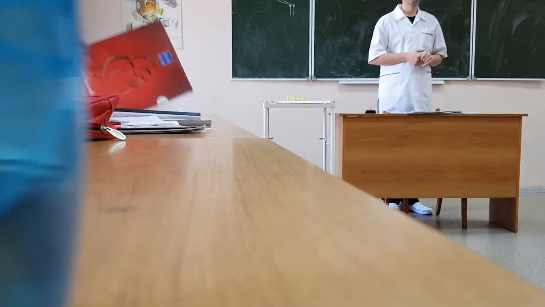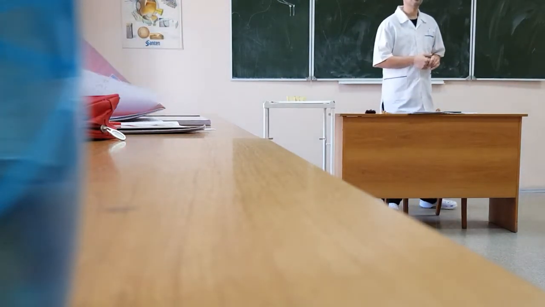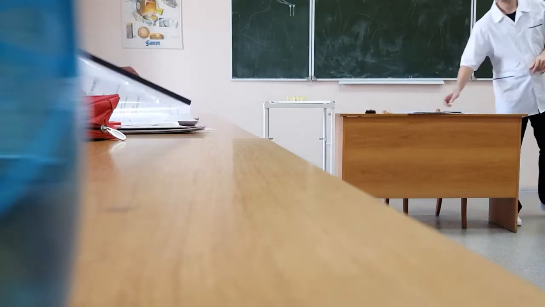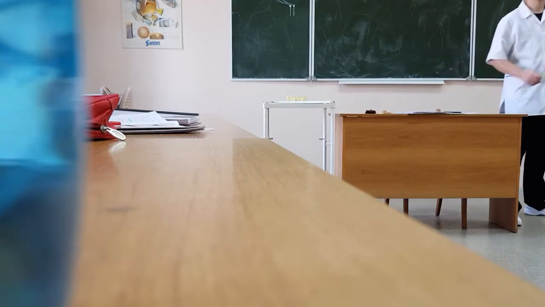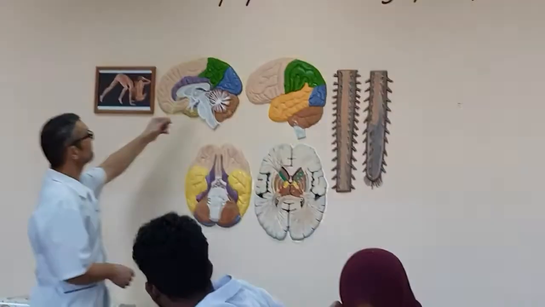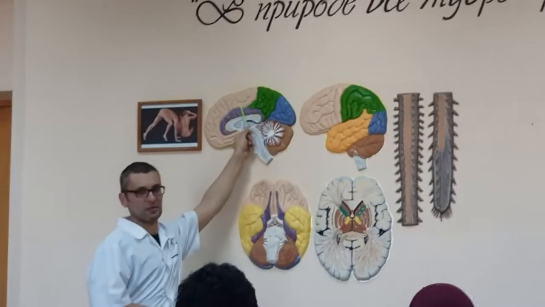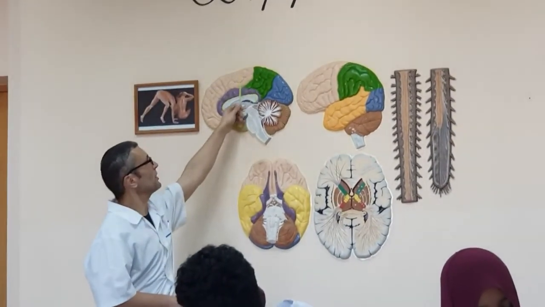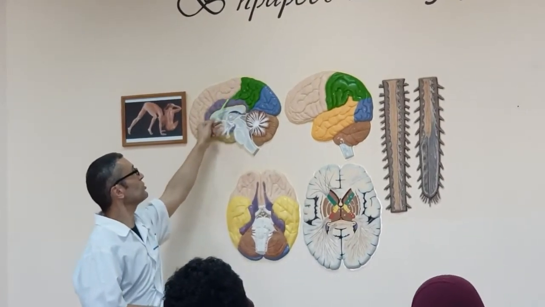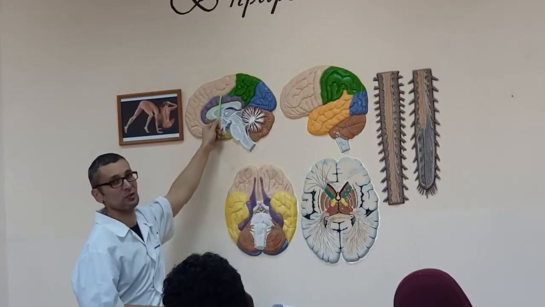So on the medial surface, the parietal lobe is separated from the frontal lobe. There is no central sulcus on the medial surface. The parietal lobe is separated from the frontal lobe with the help of this small ramus, which is a continuation of sulcus cinguli.